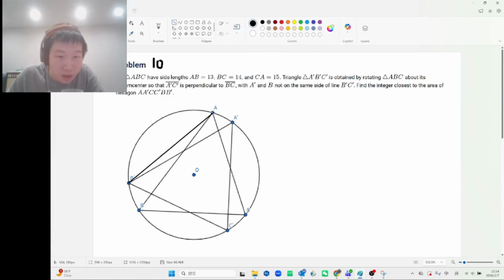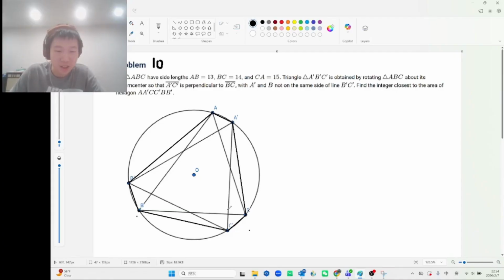If we connect these points with thin lines, we get this hexagon, and we are trying to find its area. So here is the perpendicular. I first compute the rotation angle.